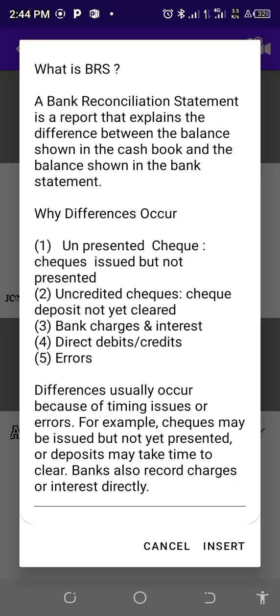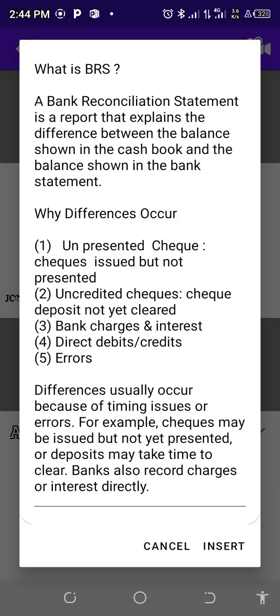And these are the reasons why the balance of the cash book may differ from the balance of the bank statements. Now we are going to examine these 5 items critically, because they are the salient points in a bank reconciliation. So we are going to examine them one after the other.